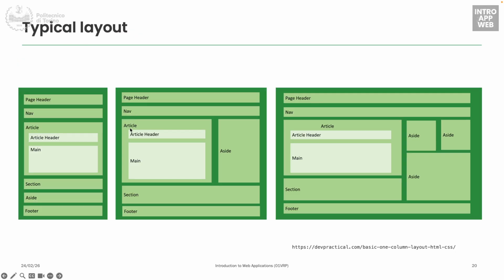So for instance, here we have the article, and the article might have the header and the main content of the article. Let's suppose this is a newspaper website. So the article is a single news, with the title of the news, with the description of the news. In the aside, what we might find might be something like related news.